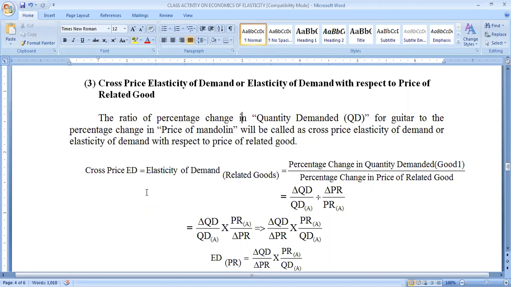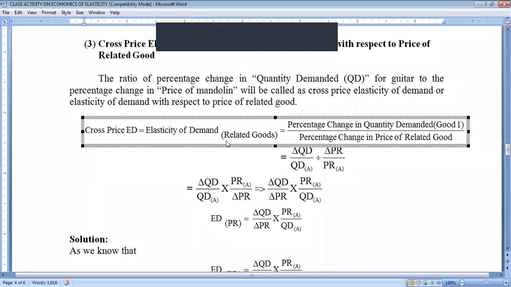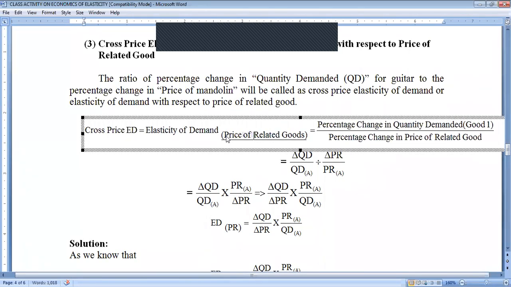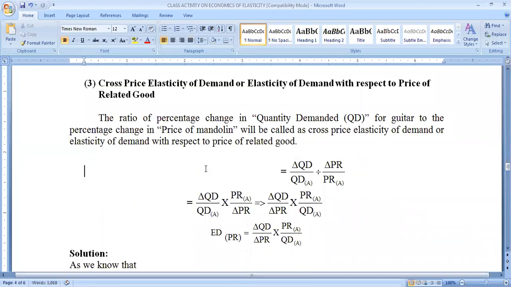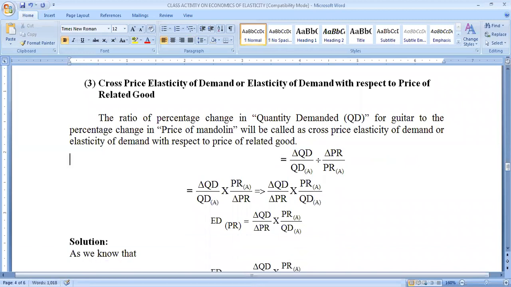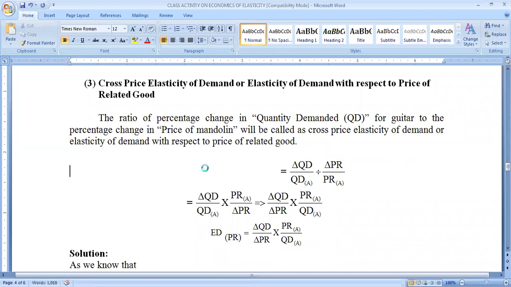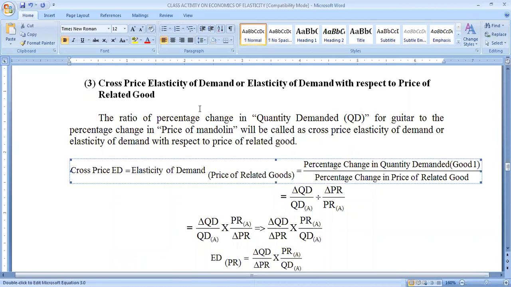The formula can be written as cross price elasticity of demand, or elasticity of demand with respect to price of related good, equals percentage change in quantity demanded.